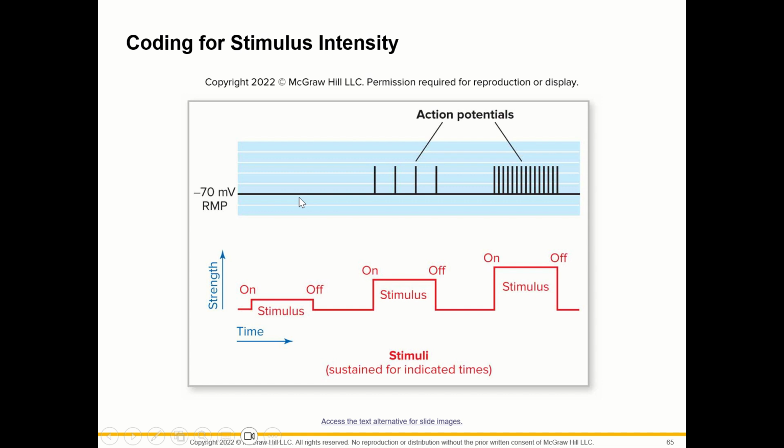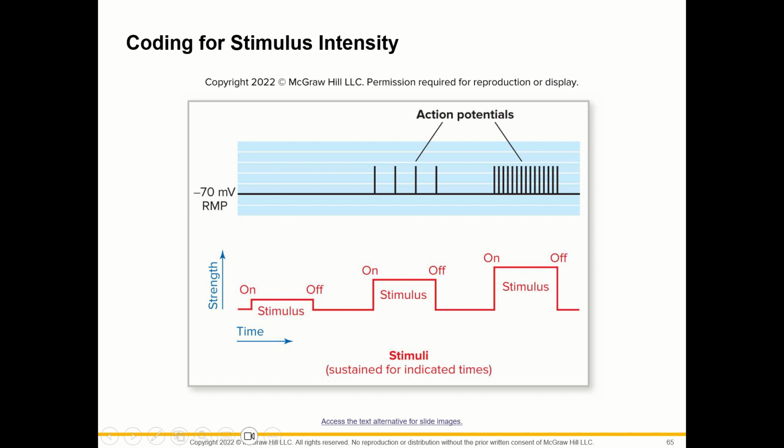In the second case, a stronger stimulus is delivered, which causes the production of a few action potentials while the stimulus is sustained. In the last case, an even stronger stimulus produces a greater number of action potentials in the same time period. This demonstrates the stimulus strength is coded by the frequency rather than the amplitude of action potentials.